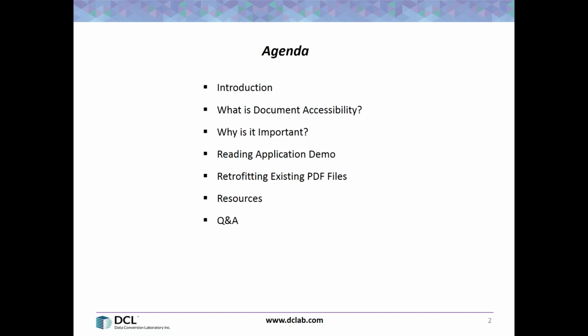We're going to have a demonstration of a common reading application, just to show you what that looks like if you haven't seen one of those. Then the bulk of our conversation will be about how you retrofit existing PDF files so that they're accessible. We'll end up with some resources that are available to you and a question and answer period.